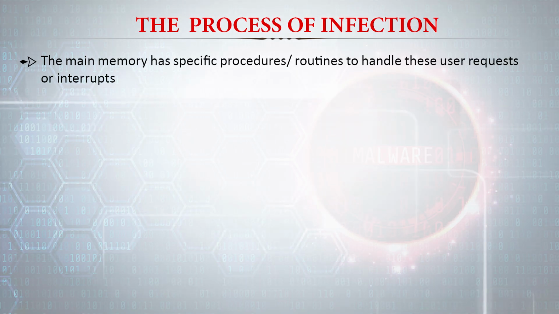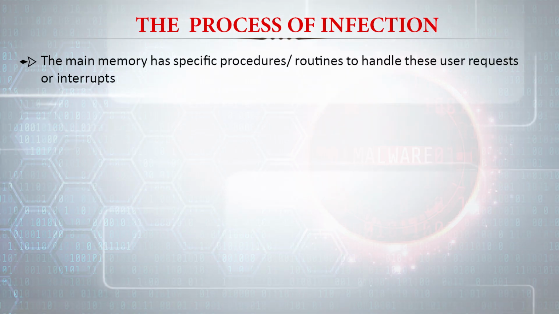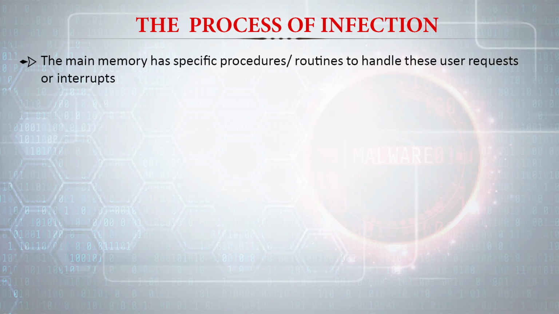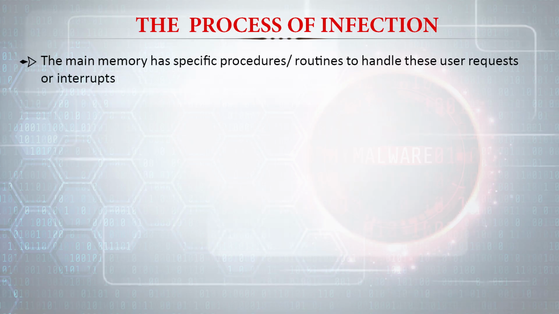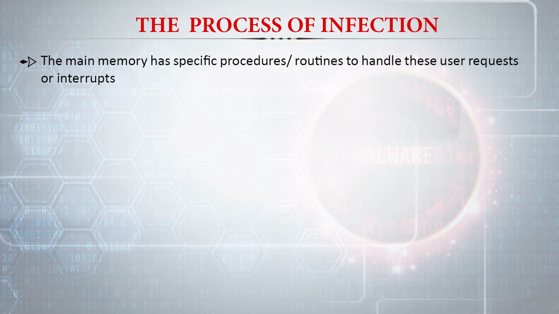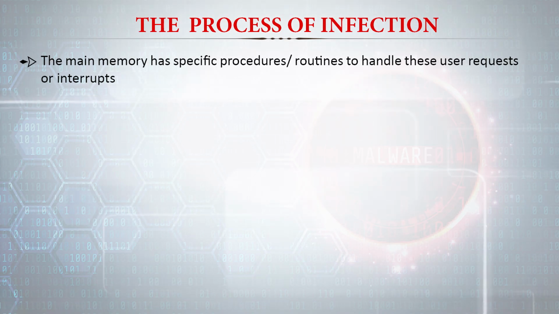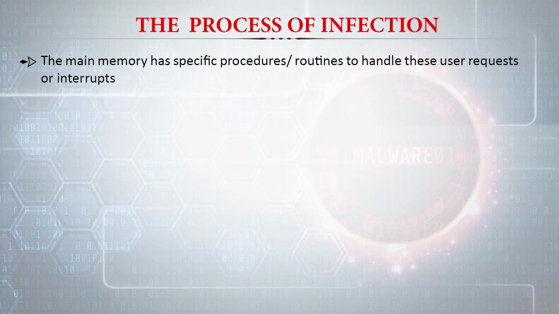For the mouse there might be one kind of routine, through the keyboard a different kind of routine, or you insert a pen drive and there might be a different interrupt routine. So depending upon what input-output action the user has taken, the corresponding procedures are activated.